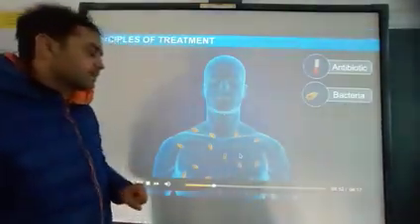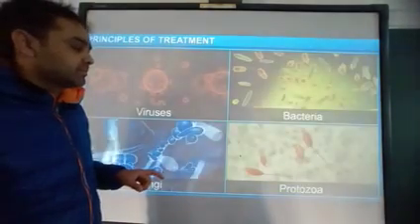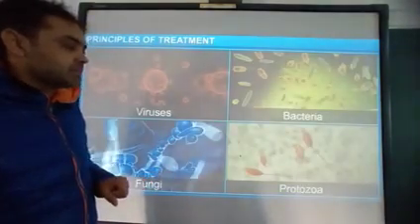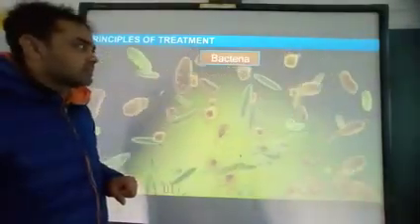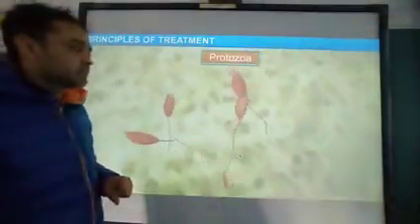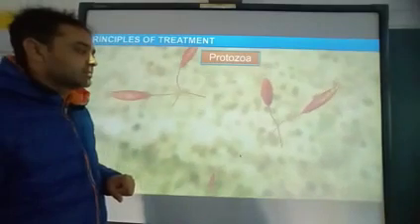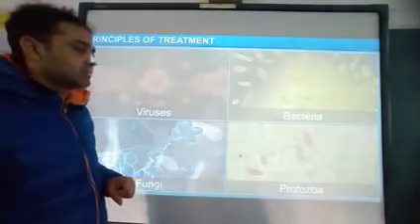Different types of microbes like viruses, bacteria, fungi or protozoa have a particular biochemical life process which is different from other groups.